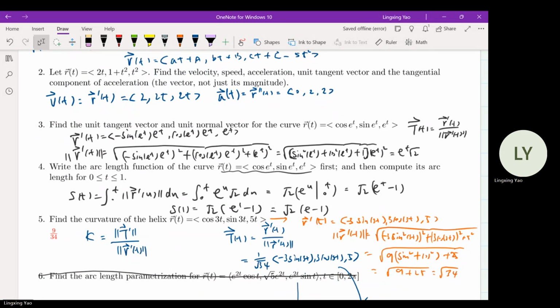Anyway, here let's look at the one that people usually neglect in the review, which is the arc length function.